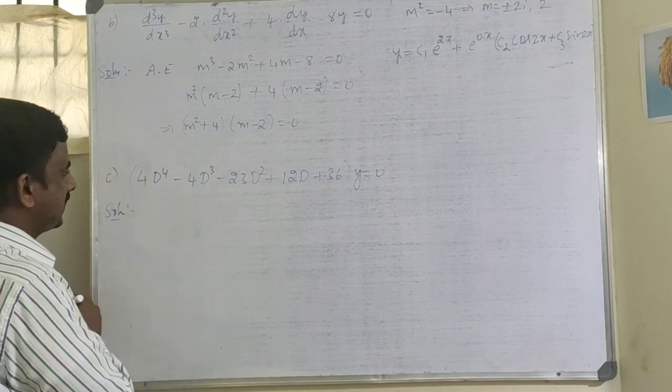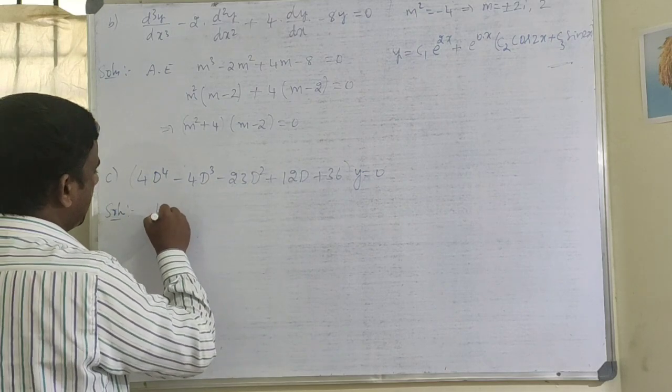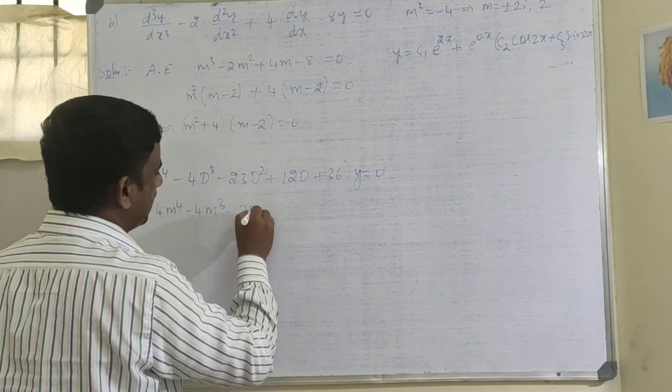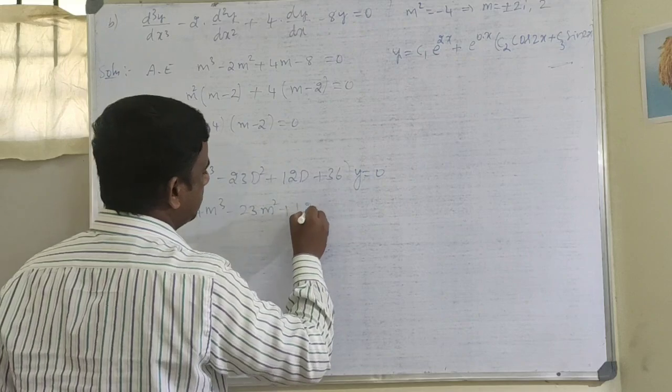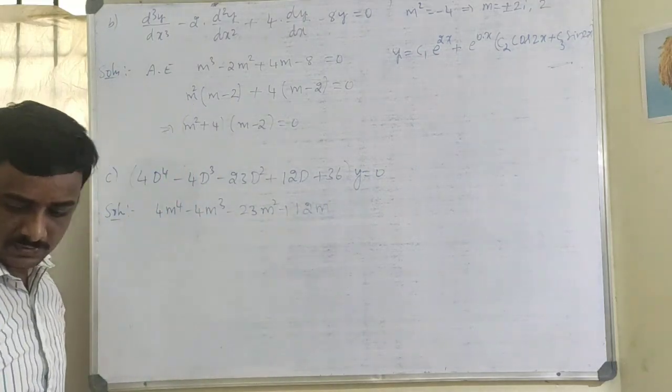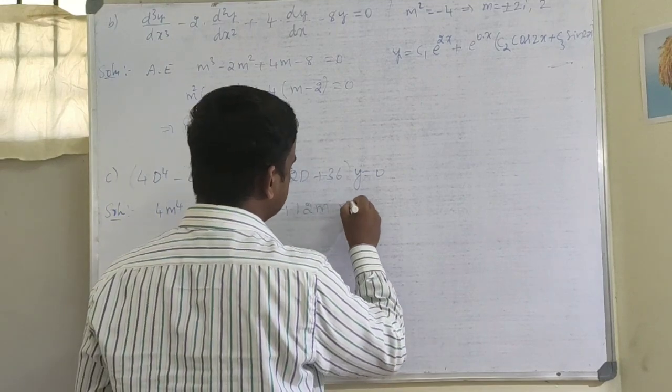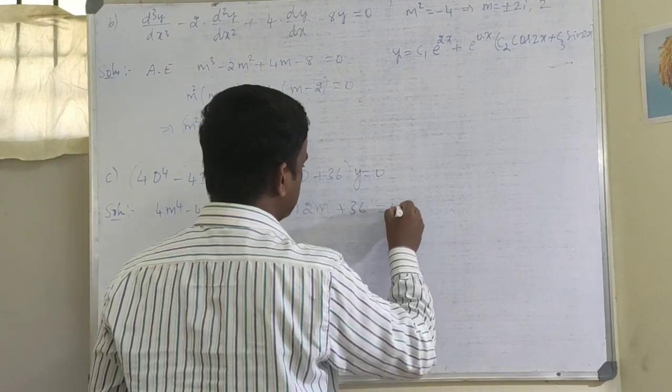The auxiliary equation is 4m power 4 minus 4m cube minus 23m square plus 12m plus 36 equal to 0.